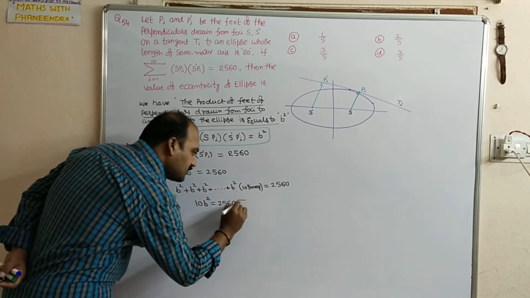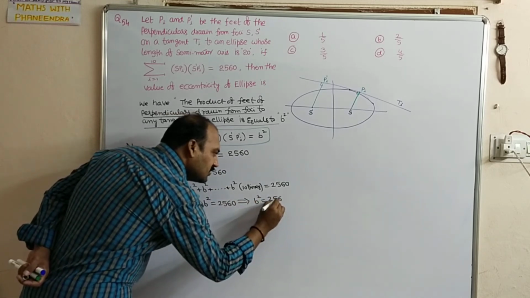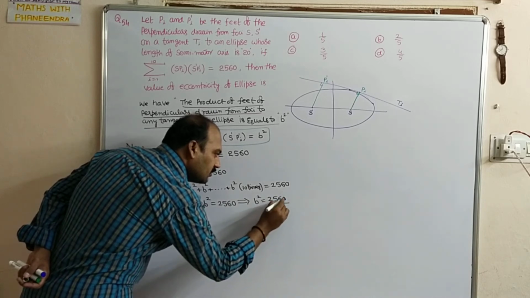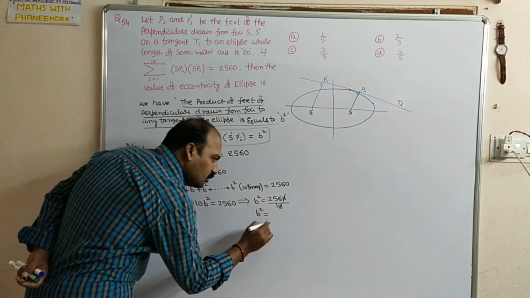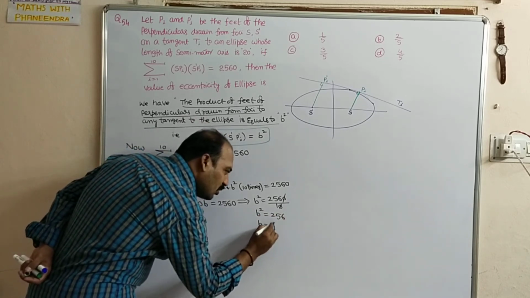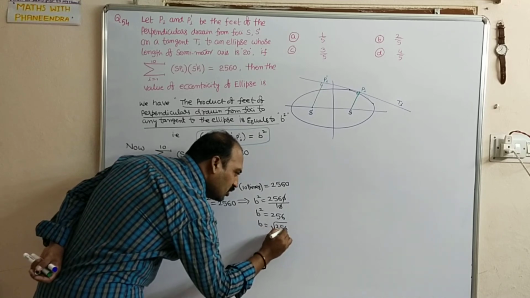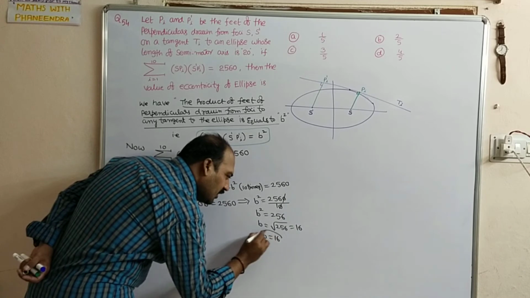So b squared is equal to 2560 divided by 10, which is 256. So b is equal to root 256, which is 16.